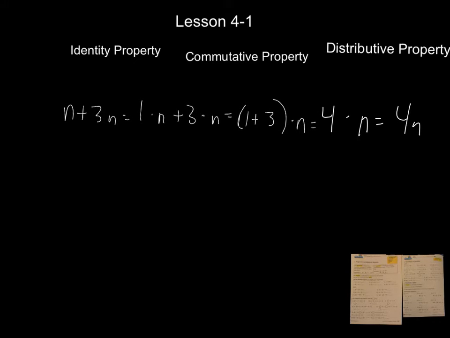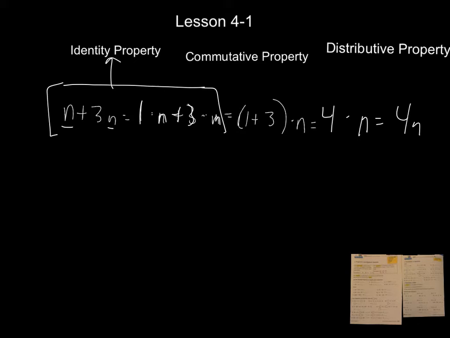So the identity property would be right here. This would be the identity property, because the identity property is basically telling you that this n and this n are pretty much 1. So n really is 1 times n, and then plus 3 times n.